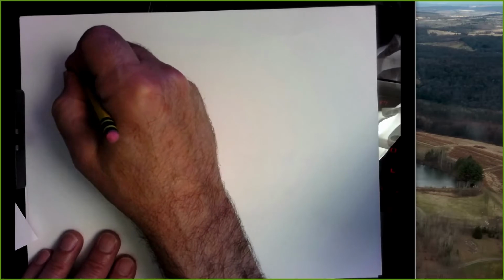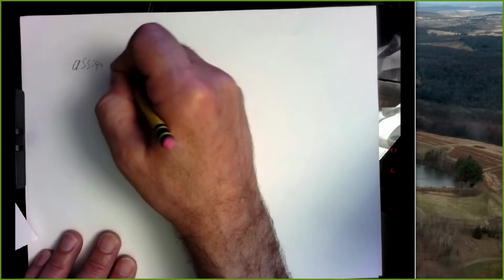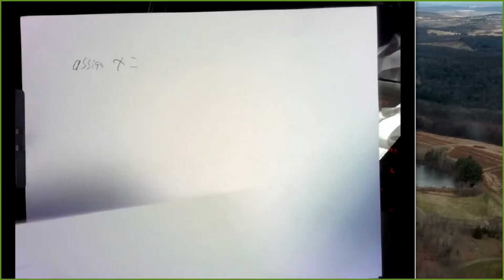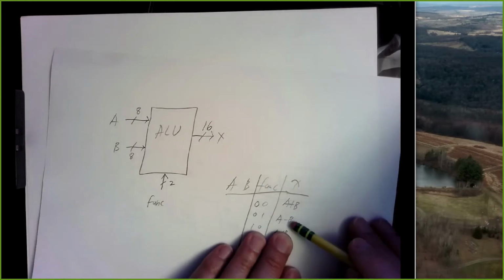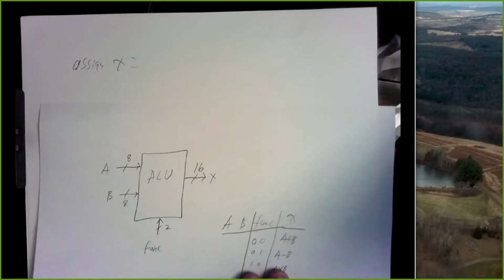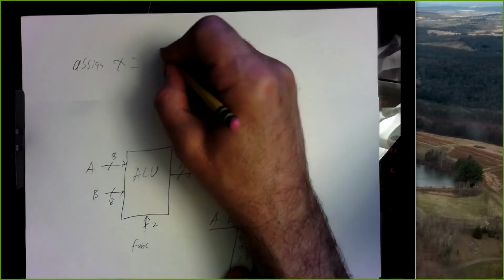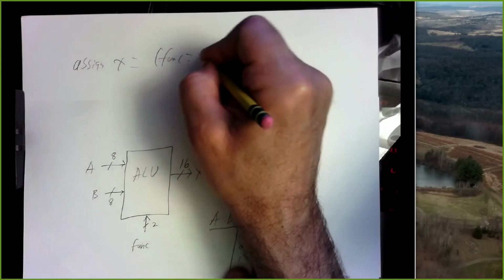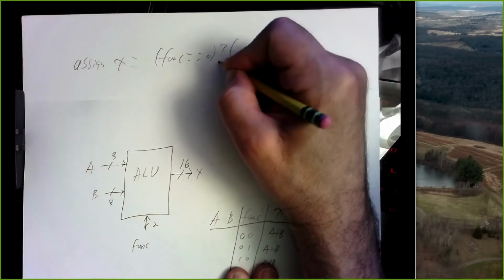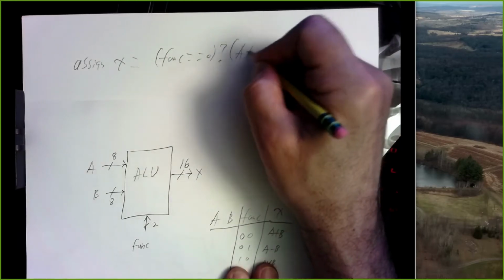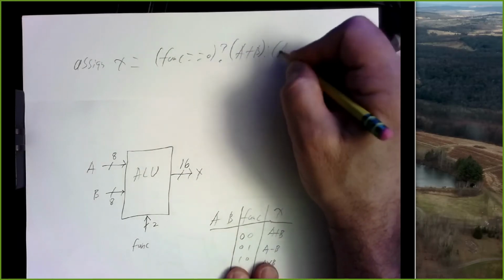And so I could do something like assign x equals, well, suppose all I had was addition or subtraction. I could say assign x equals function equals 0, question mark a plus b, colon a minus b.